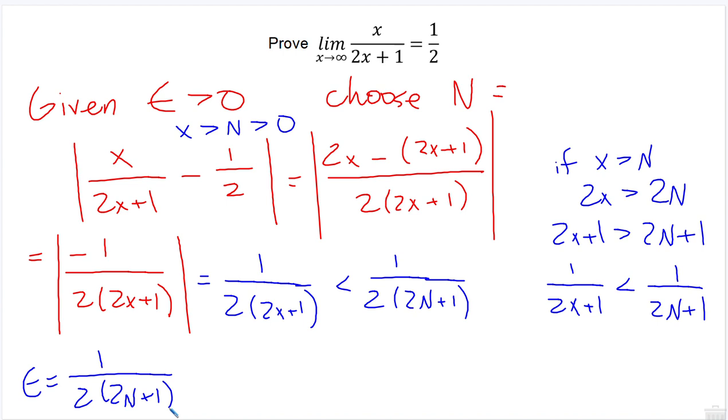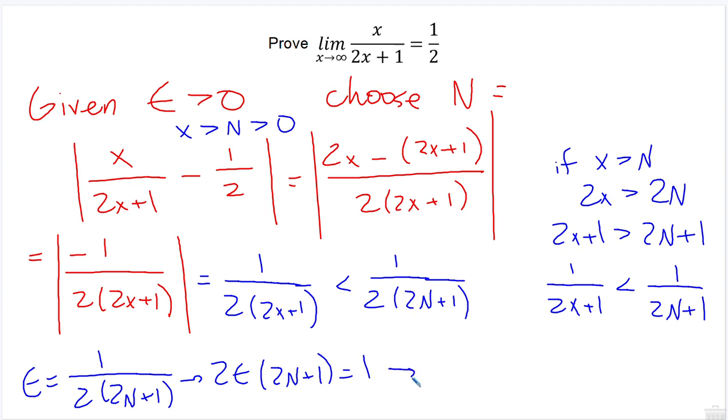So I guess the first thing would be to just say this is 2 epsilon times 2n plus 1 is equal to 1. And I guess we divide by a 2, might as well divide by a 2 epsilon. And then we've got to subtract a 1.